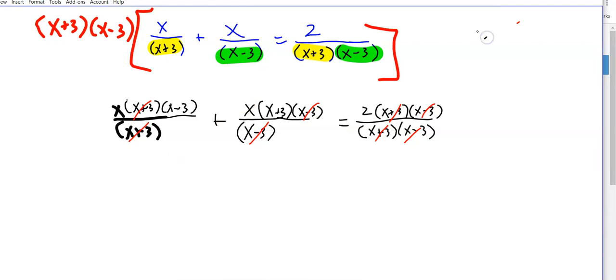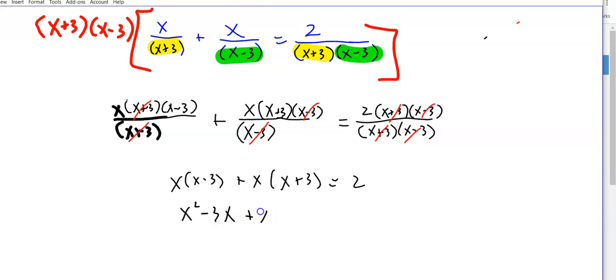and you're left with a pretty basic equation at this point. So now we have x times x minus 3 plus x times x plus 3 equals 2. Right, so just distribute and simplify: x squared minus 3x plus x squared plus 3x. So that's 2x squared on the left.